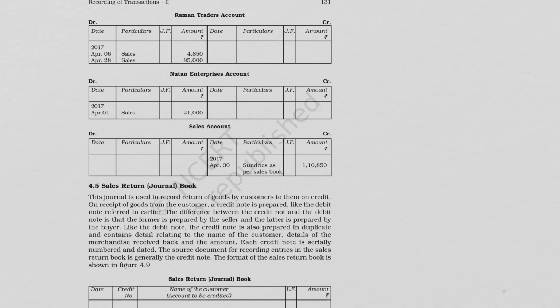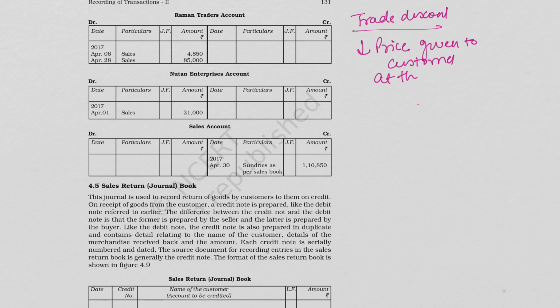Now one more important concept is trade discount. Trade discount is basically the reduction in price which is given to the customer at the time of sale. So this is not recorded in books. This is very important. It is deducted before the entry.